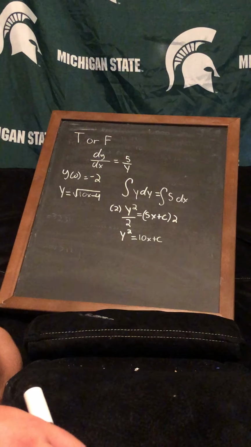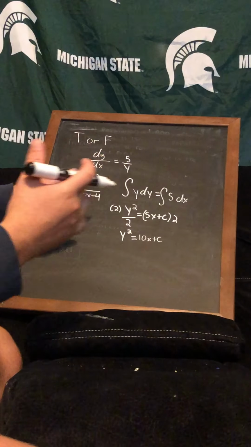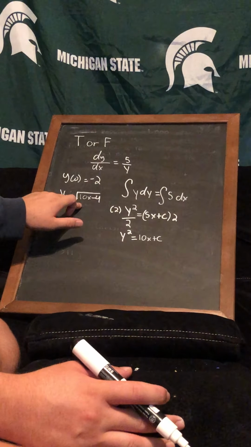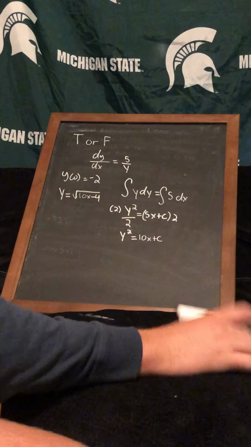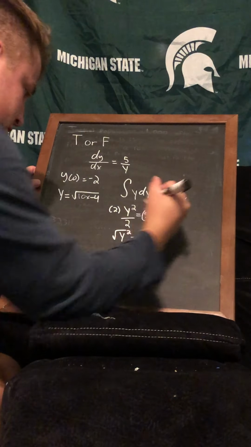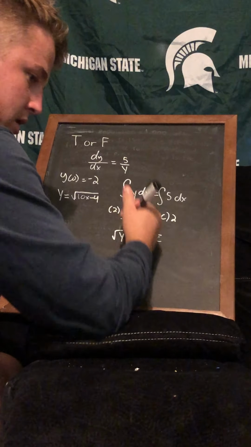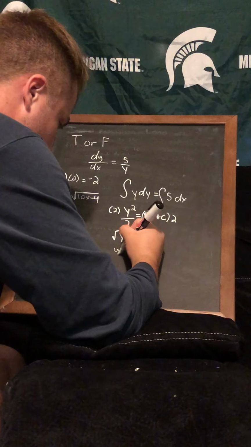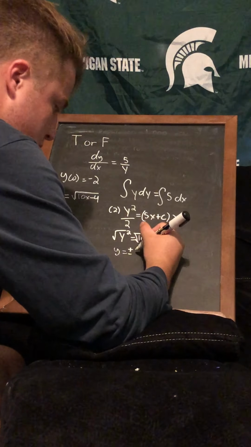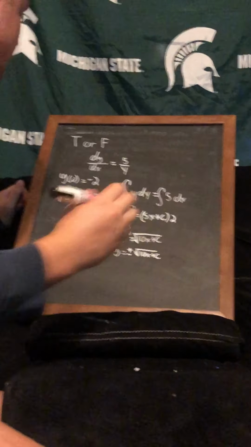So you're solving for c because you want to make sure that c is going to equal negative 4, and you will get that. So from here, you're going to take the square root of both sides. So you will get y equals plus minus square root of 10x plus c.